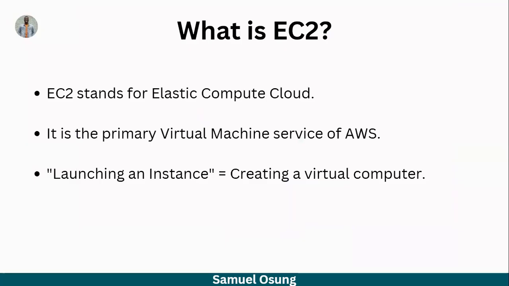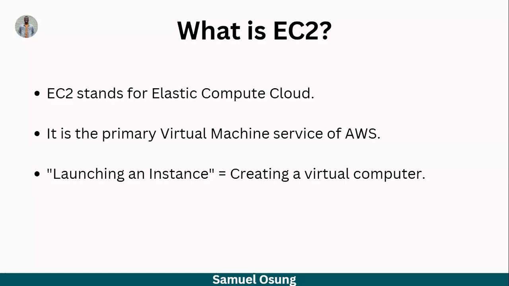So what is an EC2? Inside AWS, the service that lets you create virtual machines is called EC2. EC2 simply means Elastic Compute Cloud. So it is primarily a virtual machine.